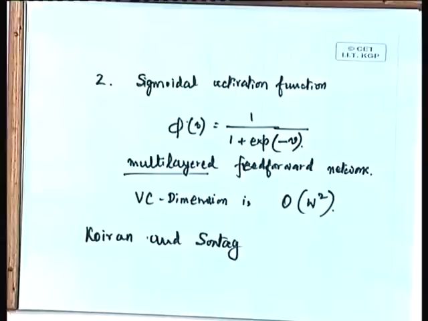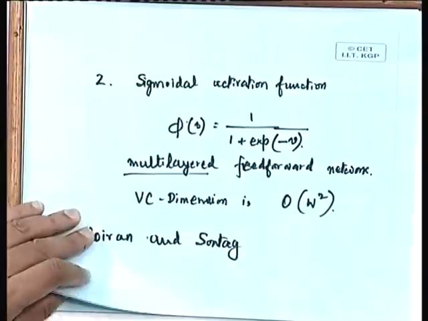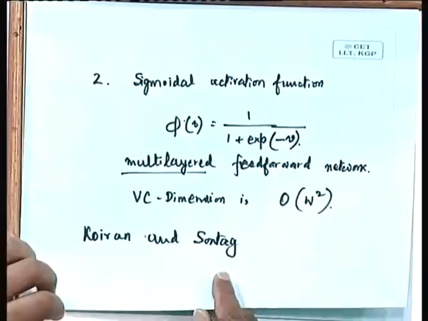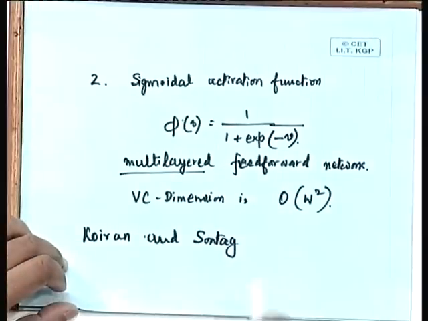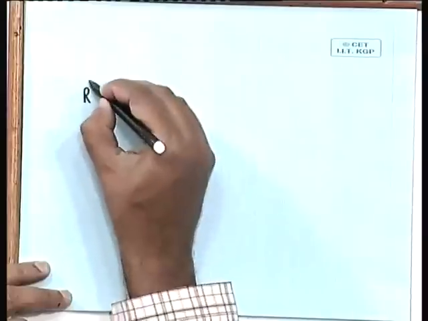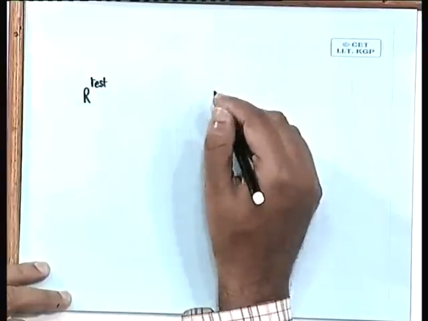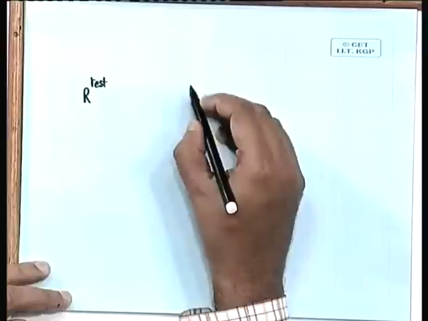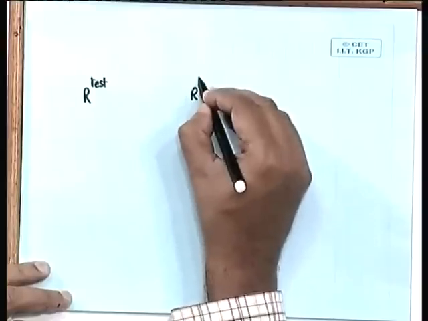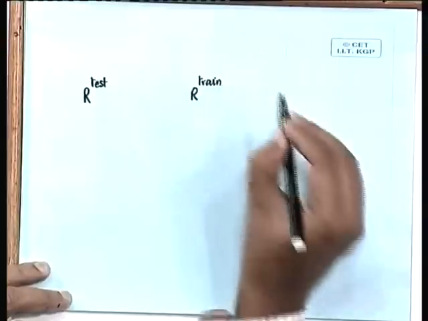Now, after talking about these two important results pertaining to the order of the VC dimensions, let us go back again to the result that we had discussed yesterday from Vapnik's theory. We were discussing yesterday the relation, or the inequality, that should exist between R test and R train. Remember?